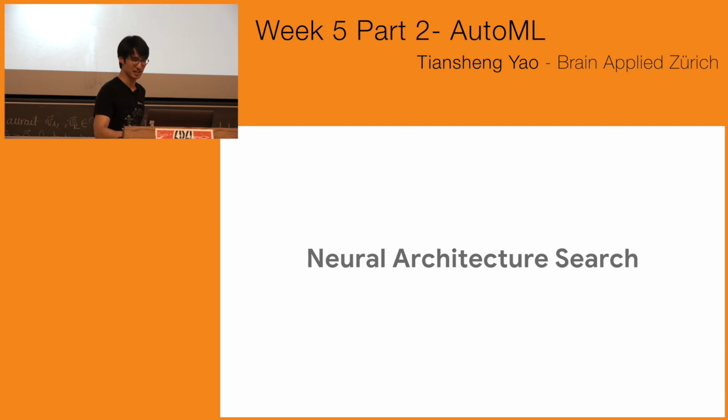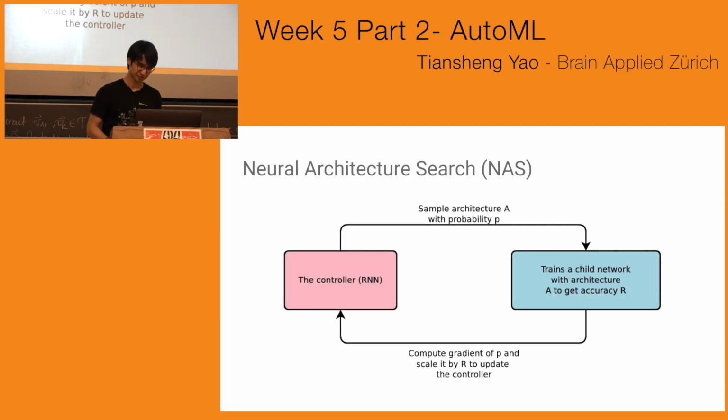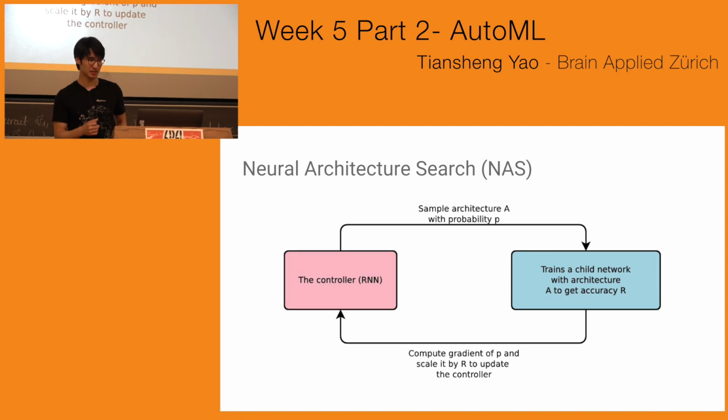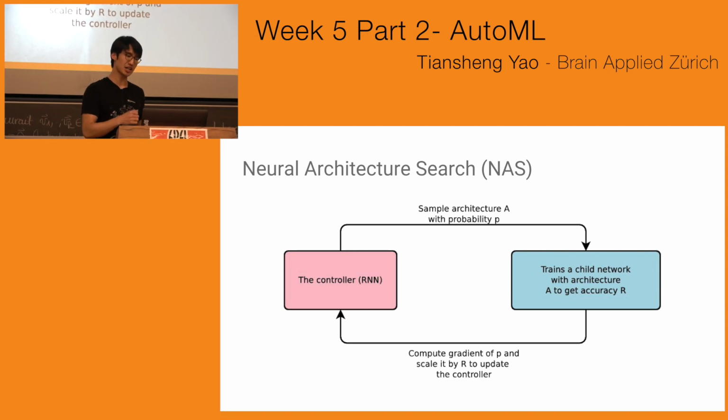Okay, so then we are going to talk about one specific technique called neural architecture search, which is for finding model architecture automatically. In a nutshell, neural architecture search, NAS, is just a forward and feedback system. You have your controller, which is a machine learning model called RNN.